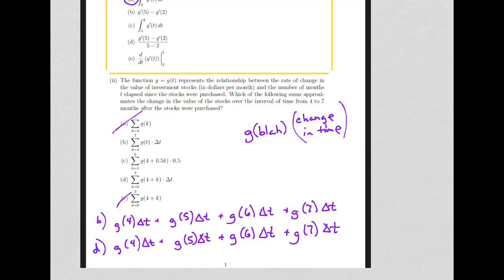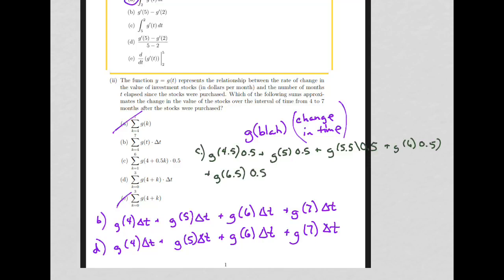C is starting at 1 and going up to 6. So C is going to take up some space: g of 4.5 times 0.5 plus g of 5 times 0.5 plus g of 5.5 times 0.5 plus g of 6 times 0.5 plus g of 6.5 times 0.5 plus g of 7 times 0.5.